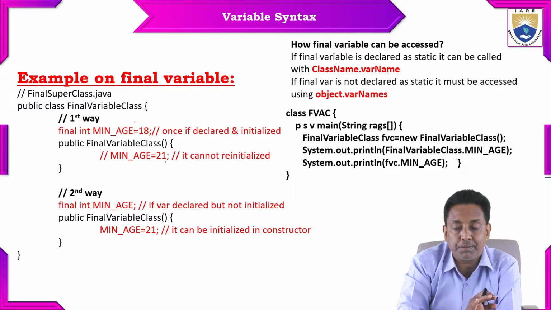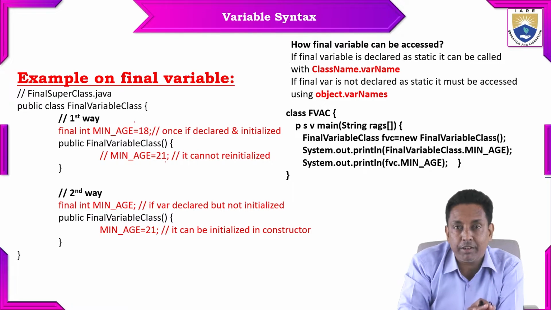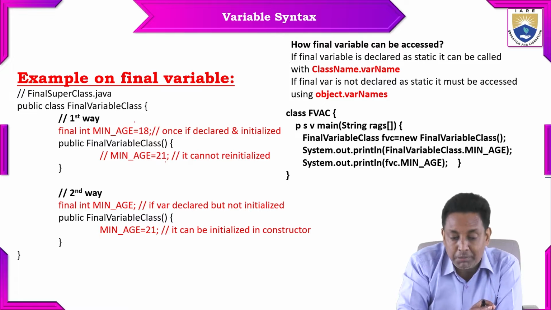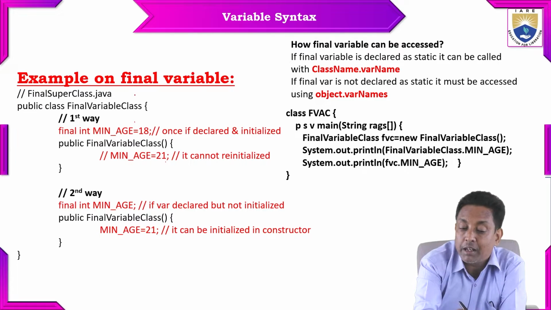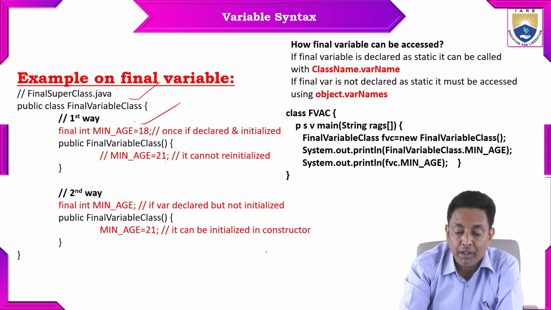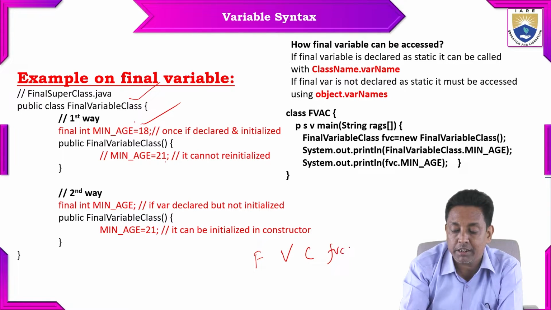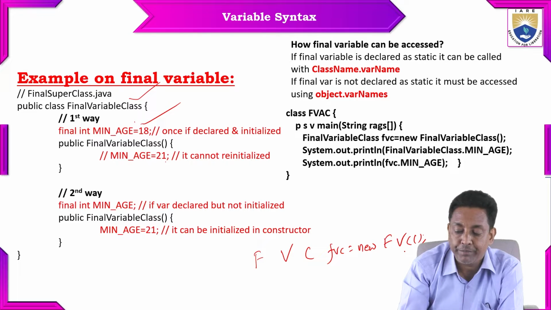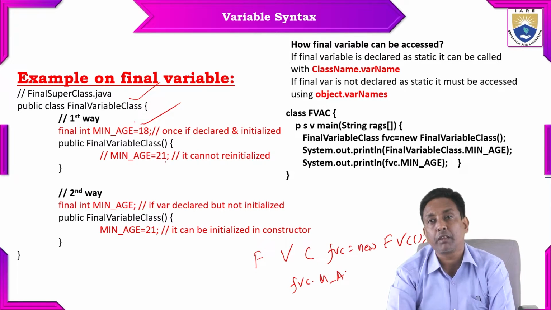Every variable, irrespective of whether it is final or not, every variable in a class must be accessed by creating an object of the class. Without an object reference, you cannot access a variable. For example, if you want to access this variable, first of all, you must create an object of the final variable class: FVC = new FinalVariableClass, then object dot min_age variable.